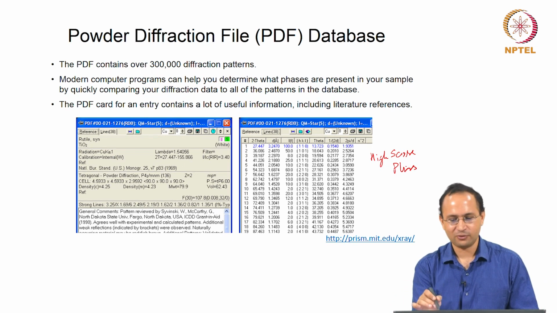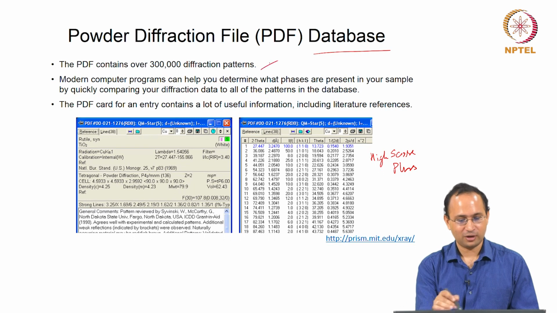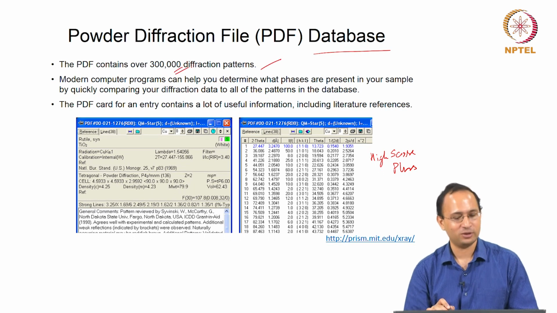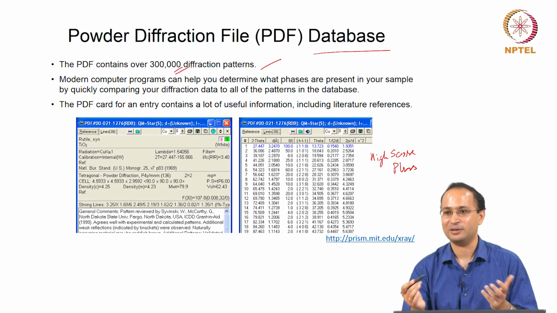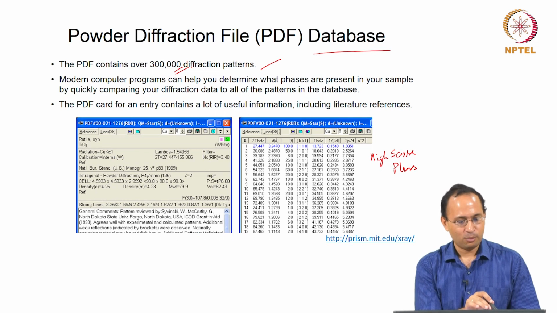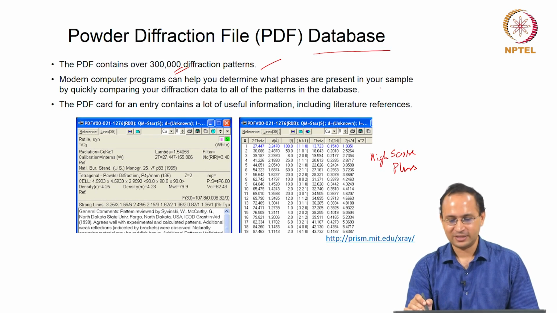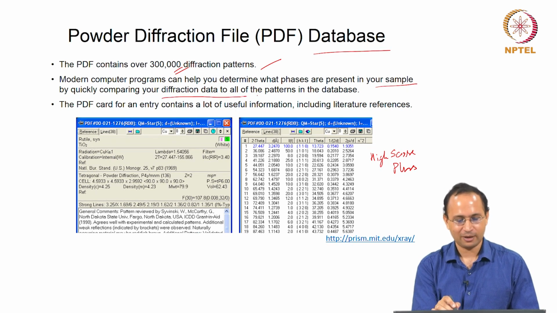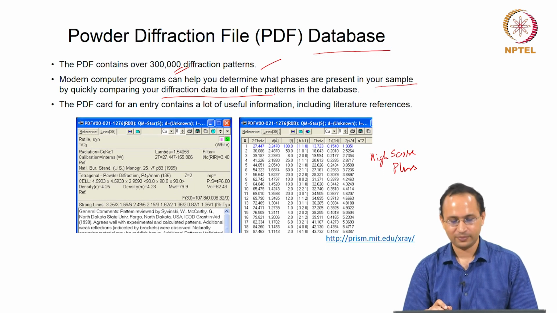So with the powder diffraction file database, you can also pull data like the files from this. A lot of files are there, more than 300,000 diffraction patterns are available. This number keeps increasing, this may not be up to date. Modern computer programs can help you determine the phases present in your sample, quickly comparing your diffraction data to all the patterns.